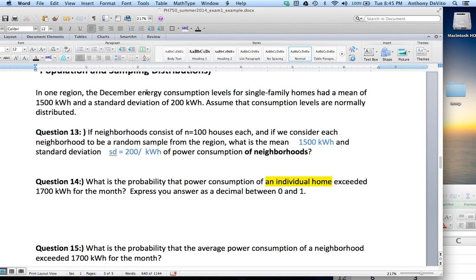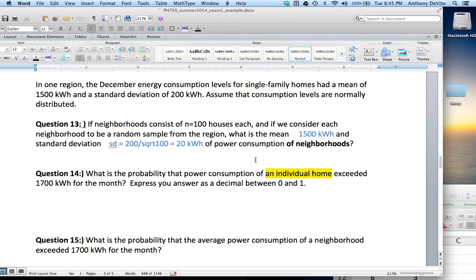Okay, it's going to be divided by the square root of the sample size. The sample size was 100. Square root of 100 is 10. So the standard deviation is equal to 20 for the neighborhoods as a whole. Okay, so a little tricky, right? But now let's look at some of the questions.